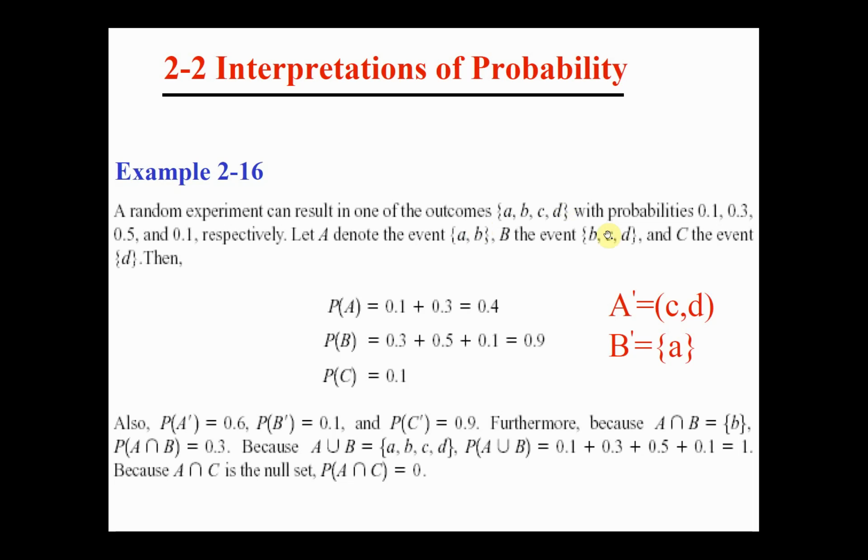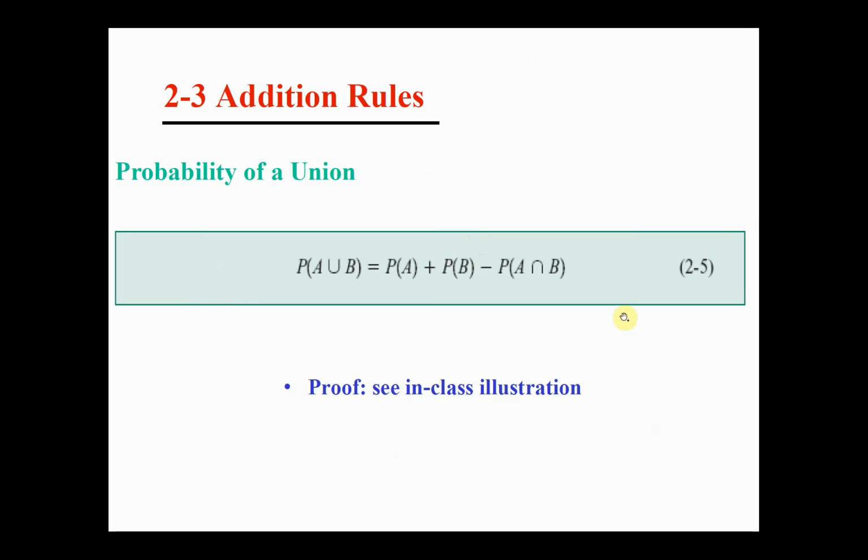B belongs to both. It is part of the intersection. C and D are not in event A, so they're not part of the intersection. So in summary, A intersection B contains only event B, and it's contained only once. It's not contained twice. So this is what I wanted to refer to.